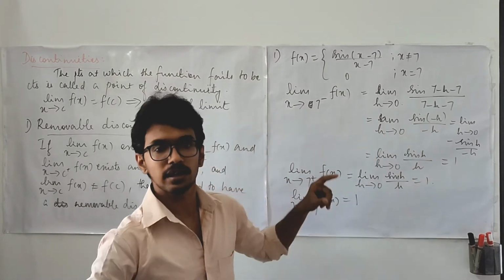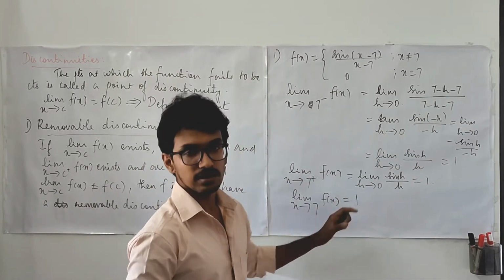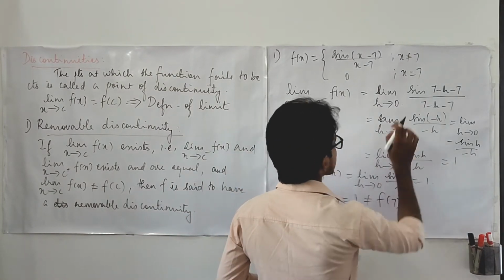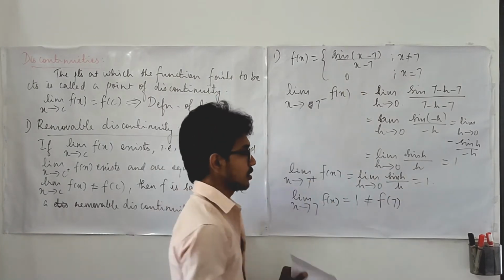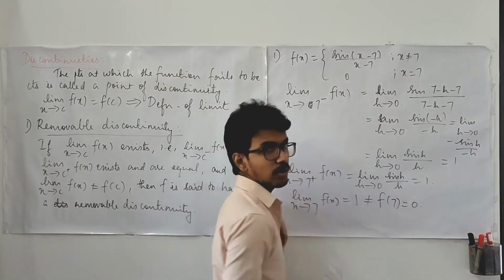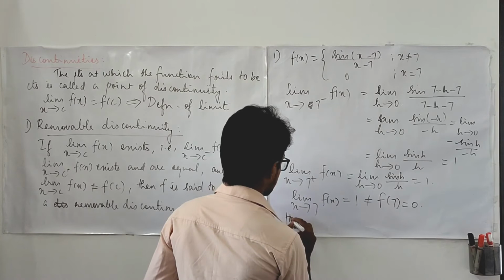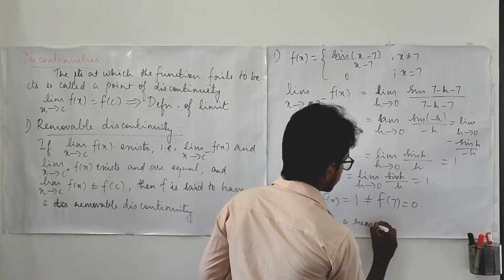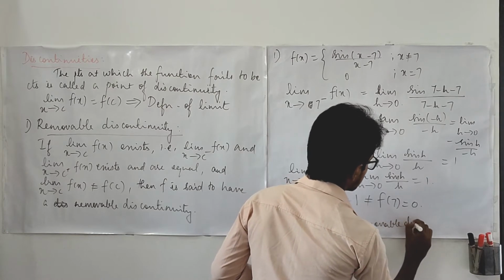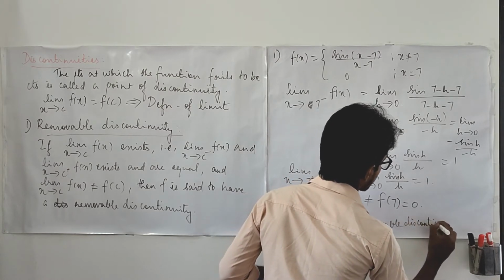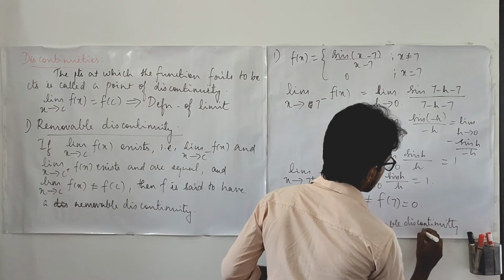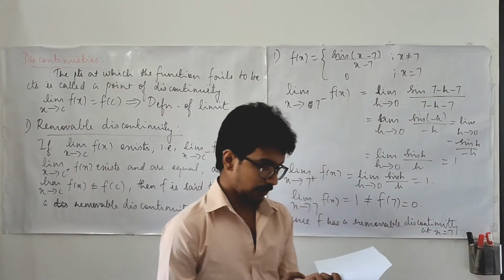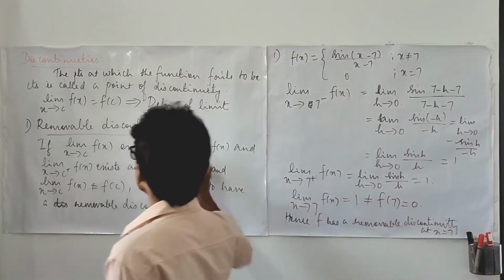Since the left limit and right limit both are 1, this limit value is 1, which is not the same as f of 7, because f of 7 is defined to be 0. In this case we say that f has a removable discontinuity at x equals 7. Now we will see another example.